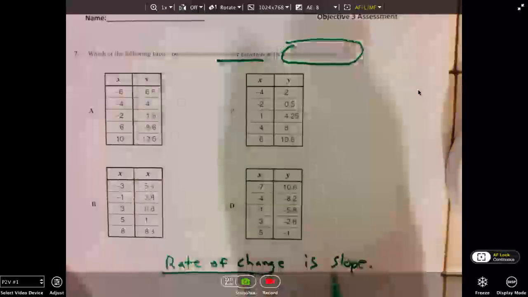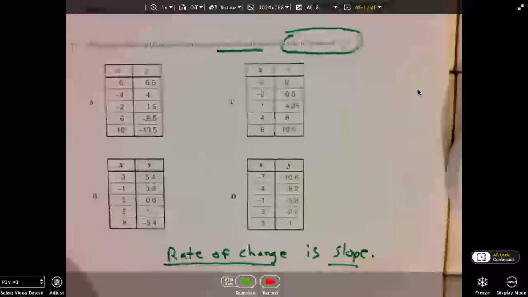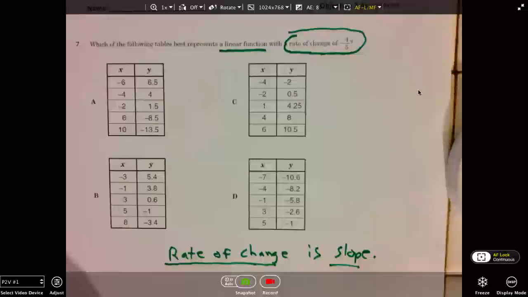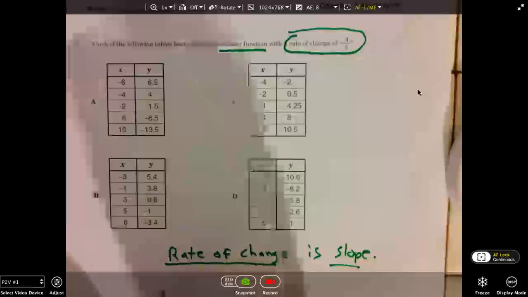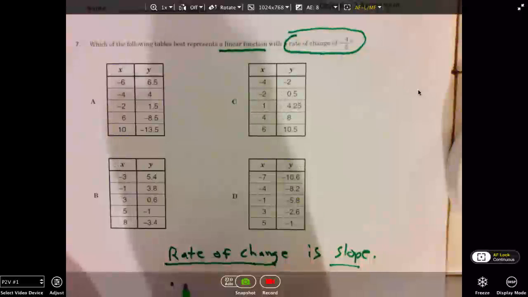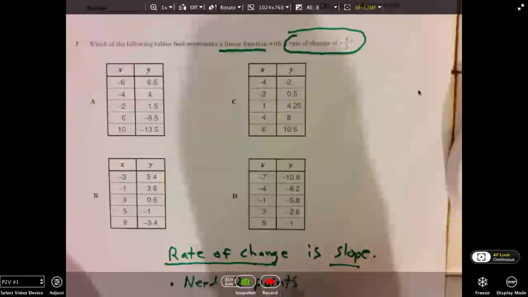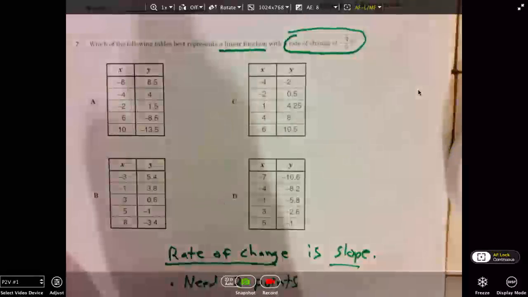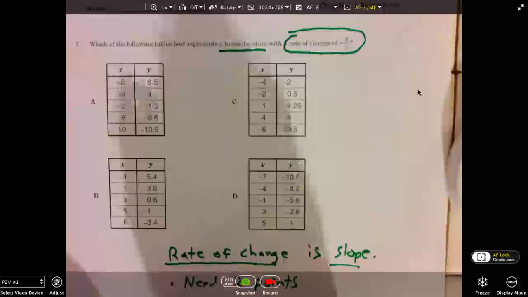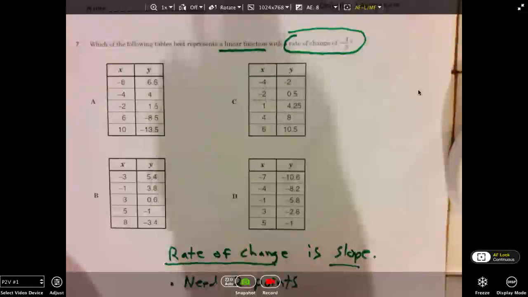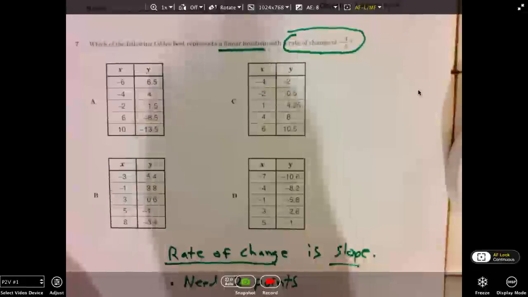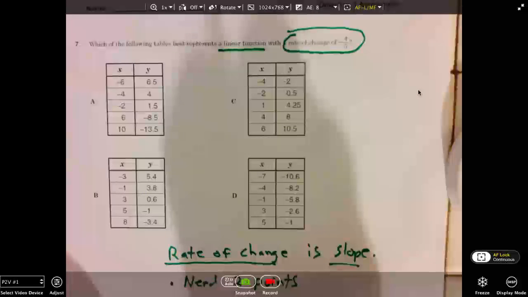So, in this case, we simply need to calculate the slope for each of these tables. In order to find the slope, we need 2 points, and then we can employ the slope formula. m equals y2 minus y1 over x2 minus x1.